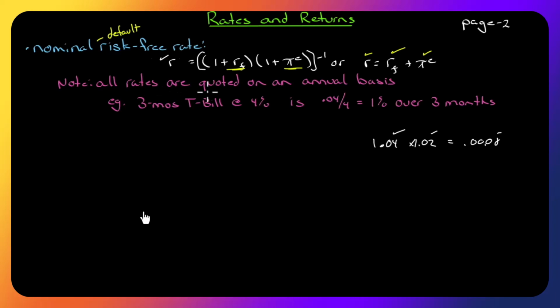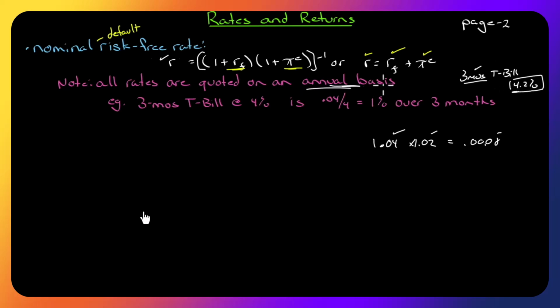All rates are quoted on an annual basis. So if you see a 3-month T-bill rate quoted at 4.2%, that is not 4.2% for 3 months. That is an annual rate, 4.2%. But you're only going to hold it over a 3-month period. But annualized, it's 4.2%.